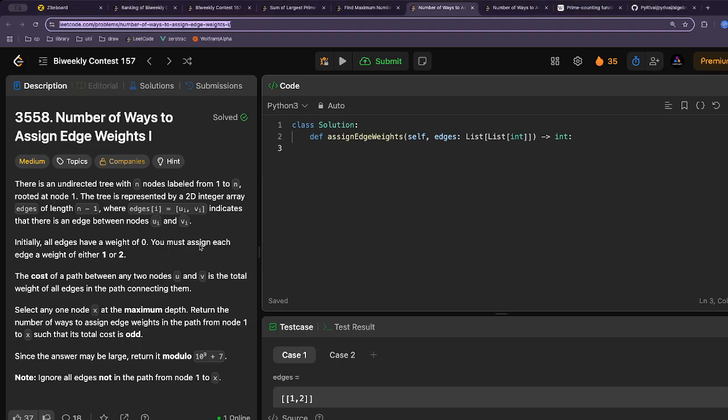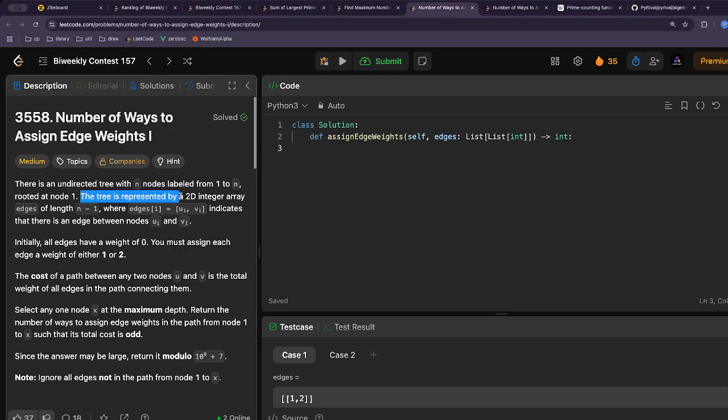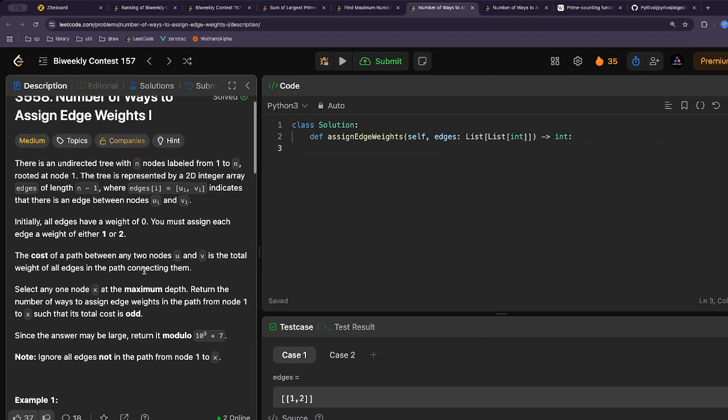Number of ways to assign edge weights 1. Okay, so this whole paragraph is saying that we're given an undirected tree with n nodes. This is just standard speak for we're giving you the edges and so on. I mean, you don't have to read it word by word. Initially, all edges have a weight of 0. You must assign each edge a weight of either 1 or 2.